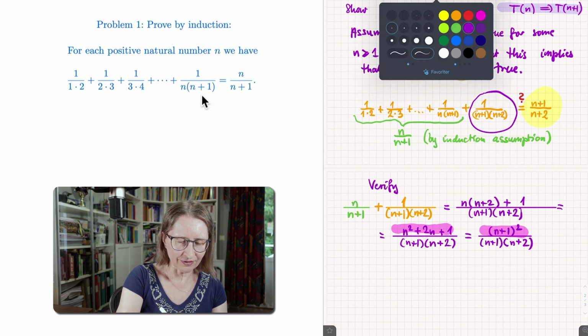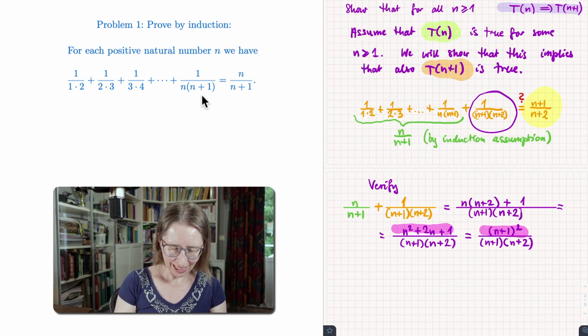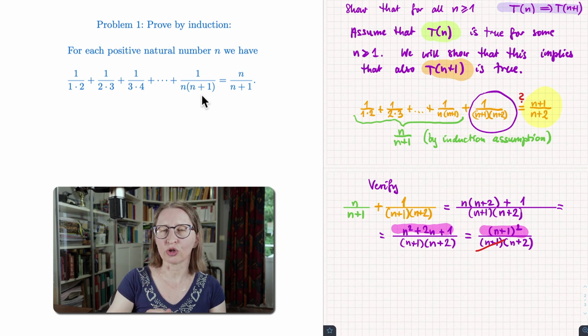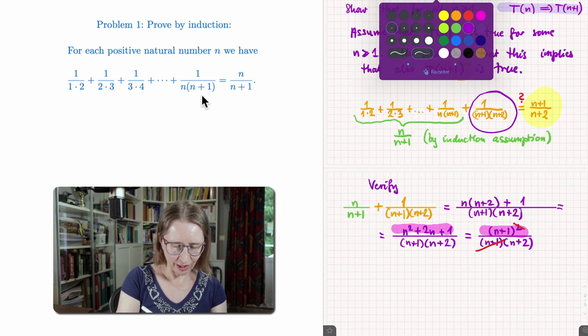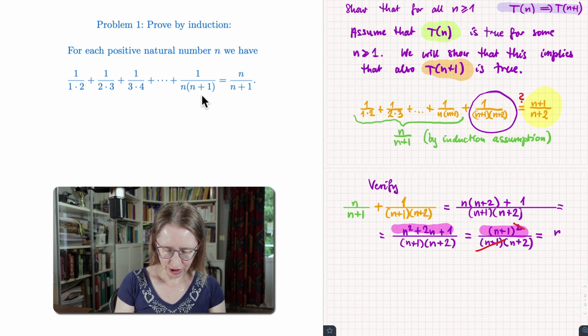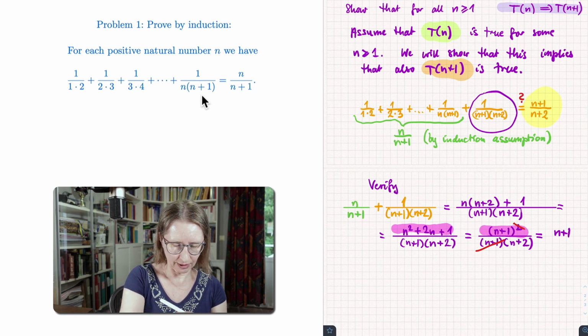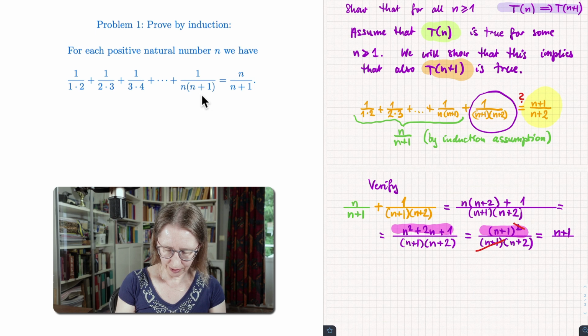And we see that we have some cancellation. We have n plus 1 in the denominator as a factor, and also in the numerator, because in the numerator we have n plus 1 times n plus 1. So this square disappears. And altogether we get the result, which is n plus 1 divided by n plus 2.